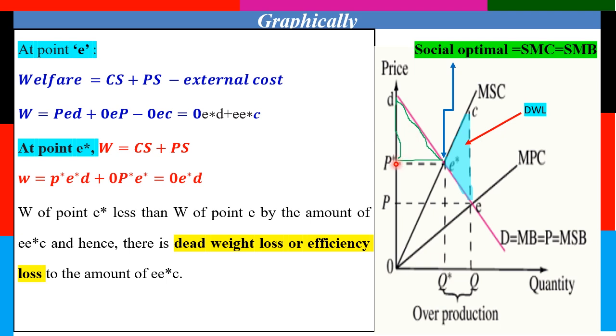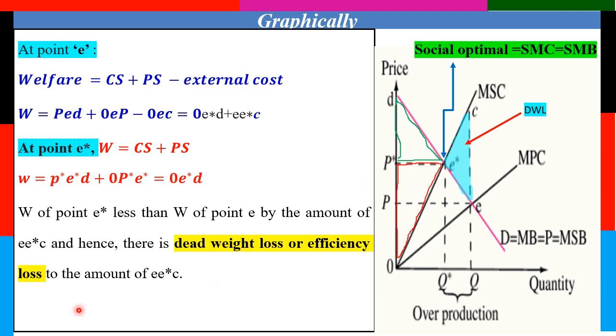Below the equilibrium price is known as the producer surplus, this triangle here. Consumer surplus, this area, plus the producer surplus, this area.